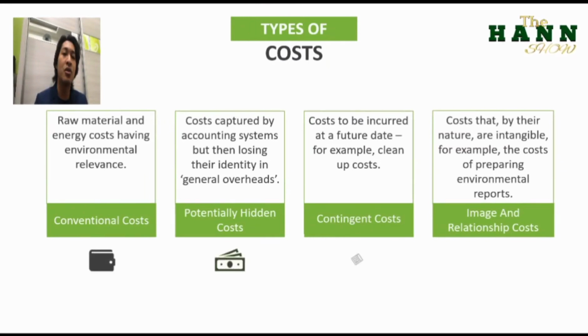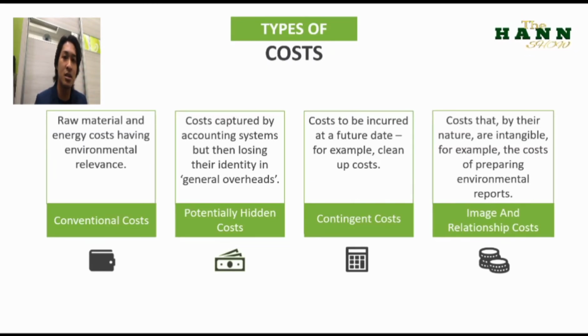Okay, so there are 4 types of costs, which are the conventional costs, the potential hidden costs, contingent costs, and also image and relation costs. Conventional cost is a raw material and energy cost having environmental relevance.